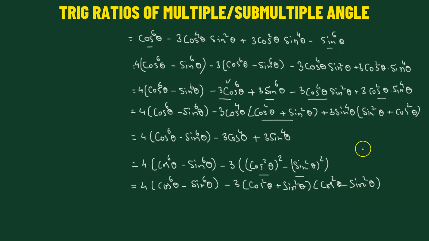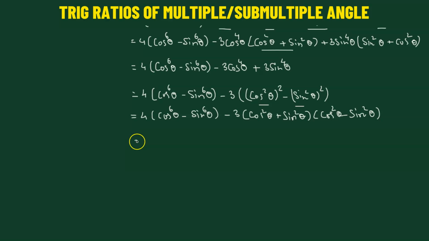Now finally, we have 4 times cosine theta raised to the power of 6 minus sine theta whole raised to the power of 6, minus 3 times cosine squared theta plus sine squared theta, that will be 1. That will be multiplied by cosine squared theta minus sine squared theta, which is cosine of 2 theta.